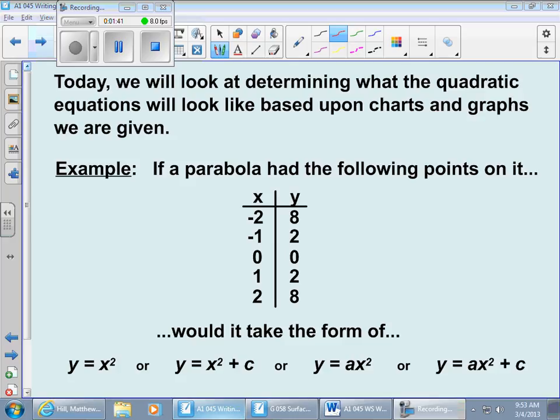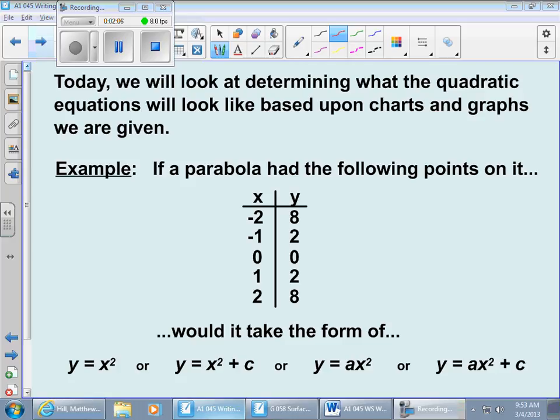The question we're going to try to answer today is, based upon these points, does it take the form of just the regular parent quadratic function y equals x squared, or does it have a vertical shift like y equals x squared plus c? Or does it have a stretch or compression, like y equals a x squared?